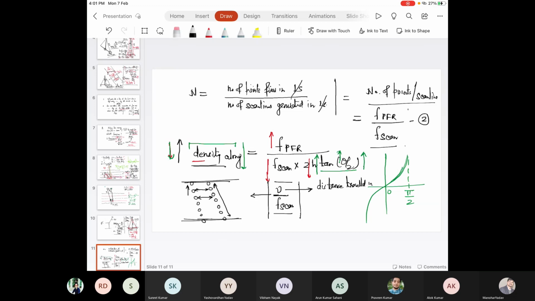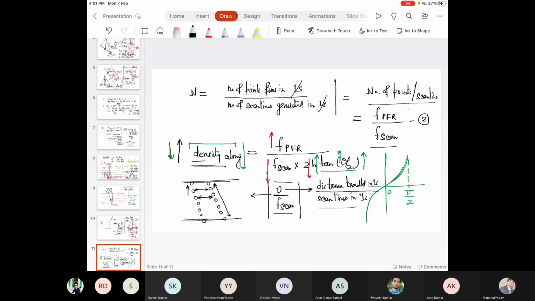Distance traveled in 1 second divided by scan lines in 1 second. What is this distance?